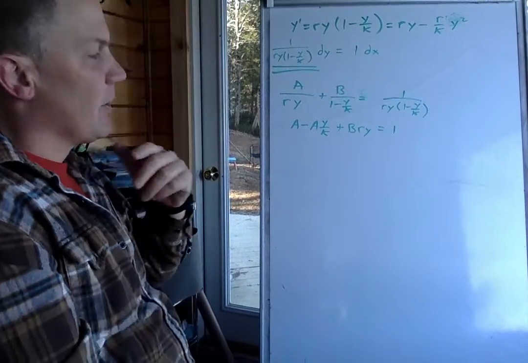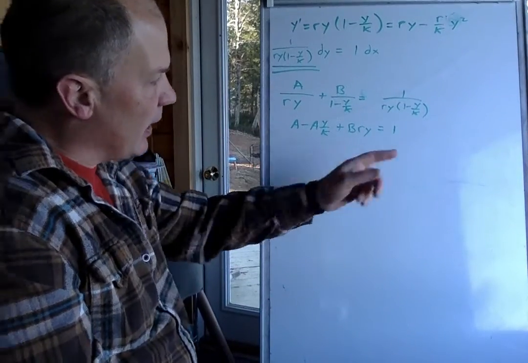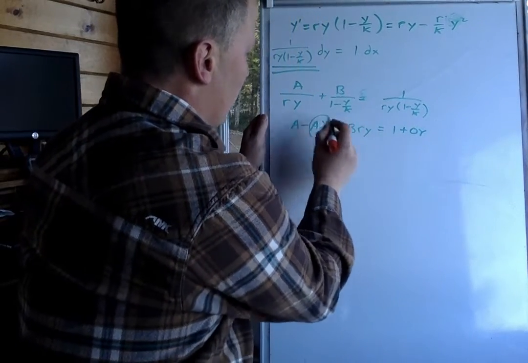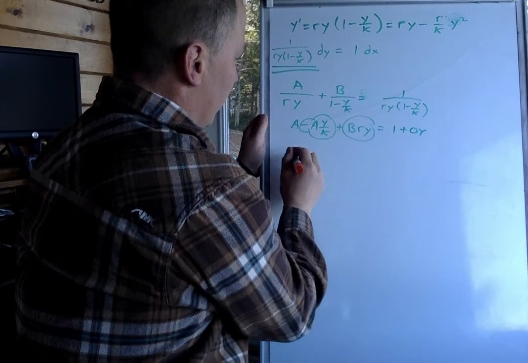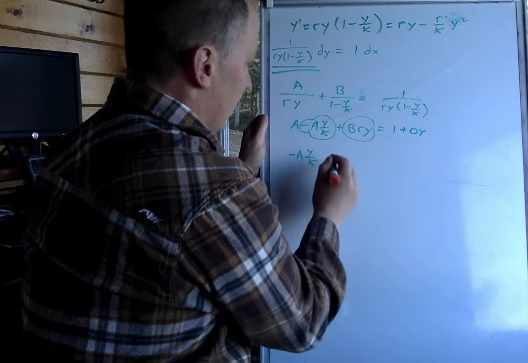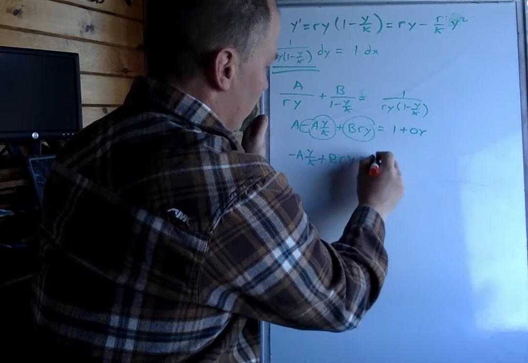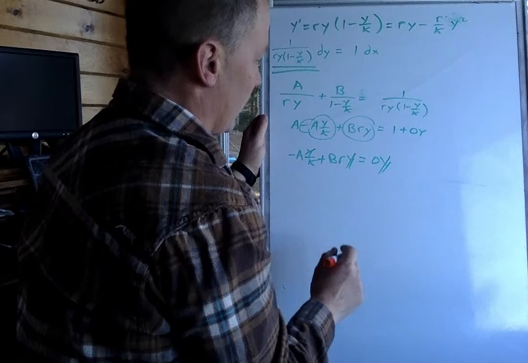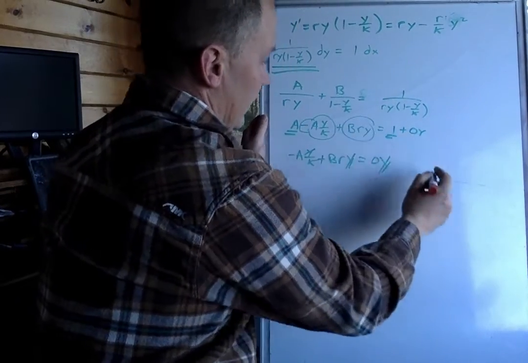All right, so I just found a common denominator, multiplied it, and did it. Now I know that this is 1 plus 0y. So this and this, I should have included that negative sign, have to equal 0. Negative ay over k plus bry equals 0y. The y's cancel out, so that's one of my equations. My other equation is as simple as a equals 1.